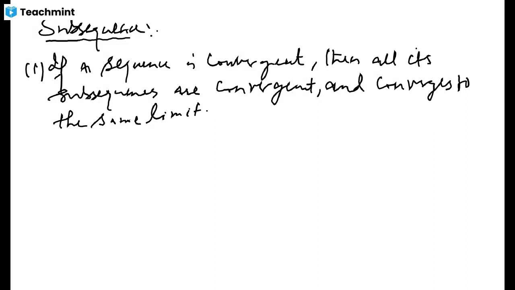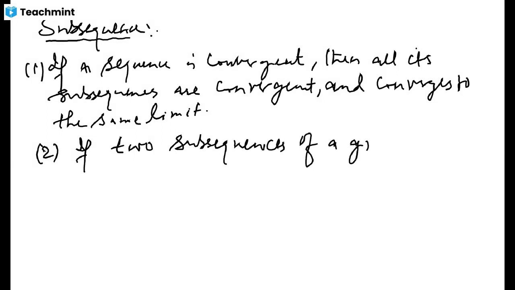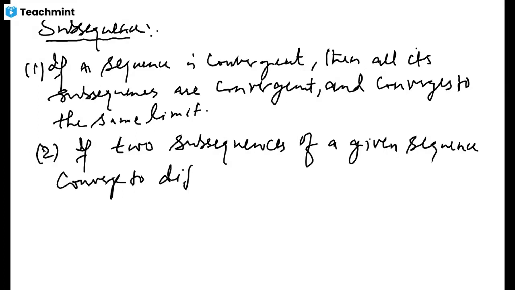And the second thing that we also saw yesterday is that in case your sequence is not convergent, then what can be said is the following, a converse of this statement, you may say: if two subsequences of a given sequence converge to different limits, then the given sequence cannot be a convergent sequence, in view of the first.